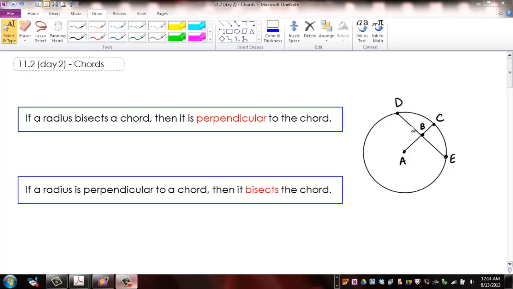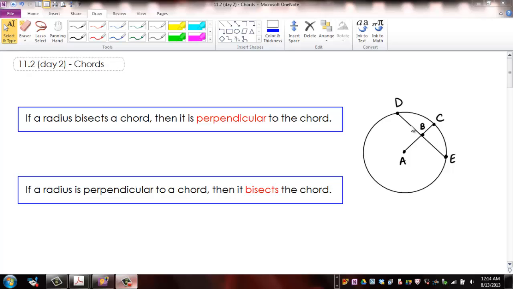Let's begin. Our first statement says if a radius bisects a chord, then it is perpendicular to the chord. And a second one says if a radius is perpendicular to a chord, then it bisects the chord. Now, these two statements are converses of each other.